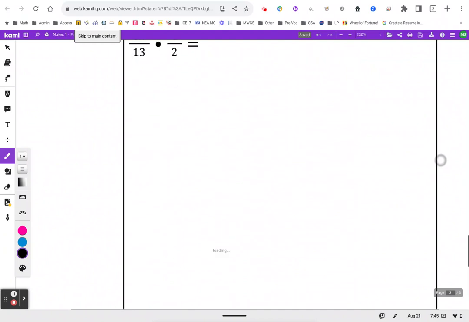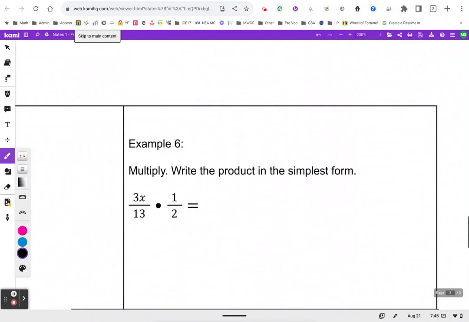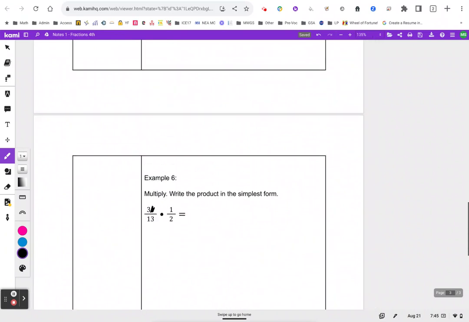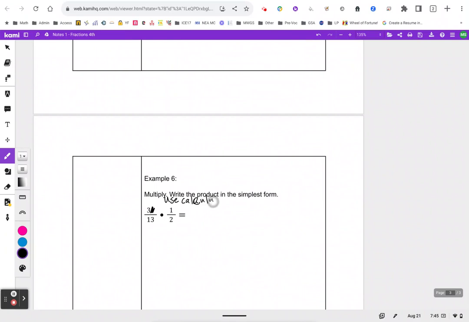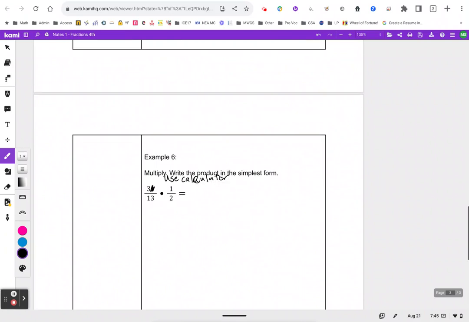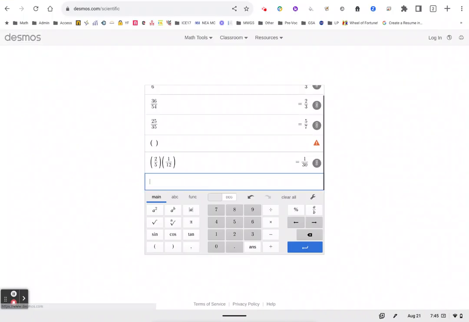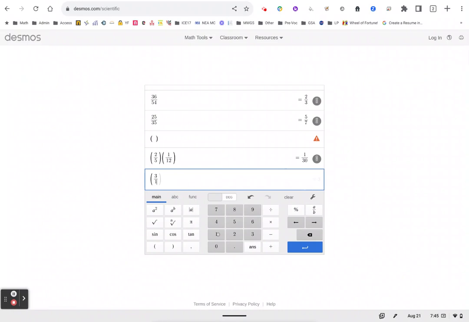We have one more example, and then I'll set you free to do your stuff. You're going to cross out the x on this one. It makes it a lot more complicated. We're not going to do that just yet. Again, we're going to use our calculator. I'm going to type in 3/13 times 1/2. So parentheses, 3 divided by 13.